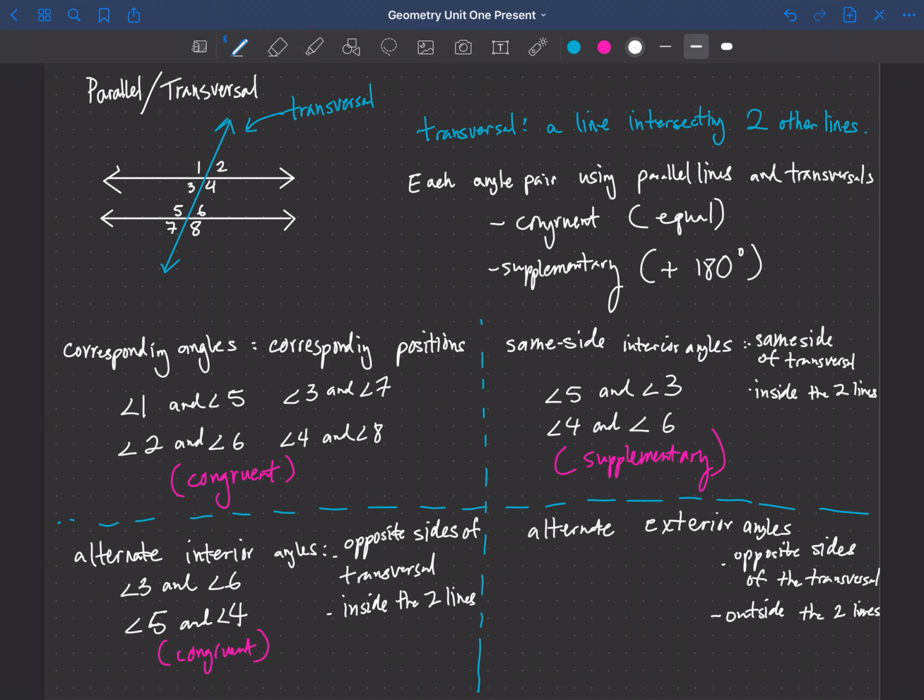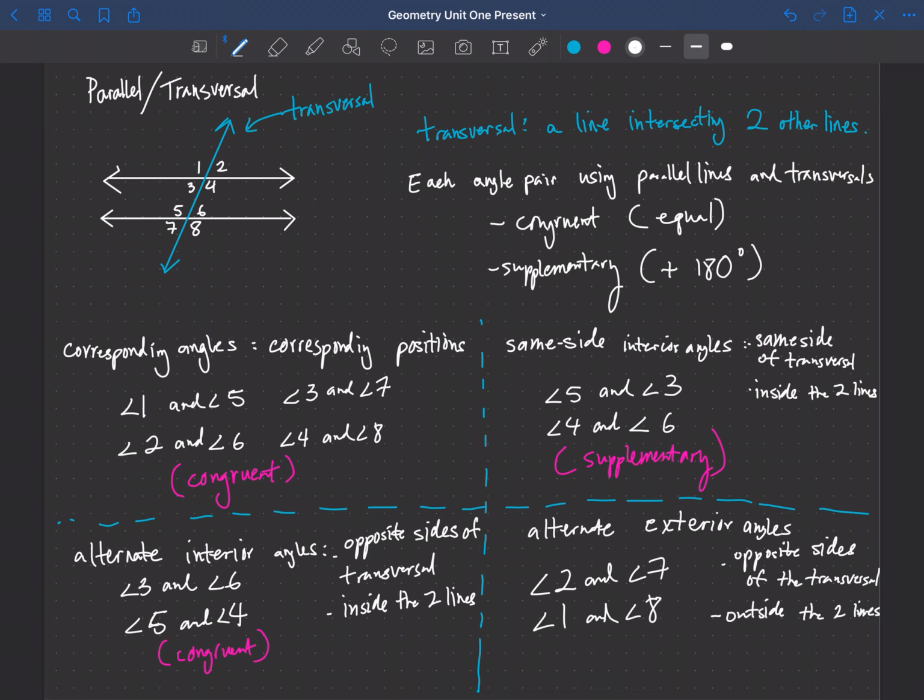So let's take a look at that. Outside the two lines, and they are on opposite sides of the transversal. So 2 and 7, 1 and 8. Angle 2 and angle 7, angle 1 and angle 8.